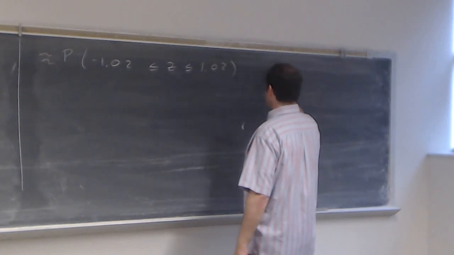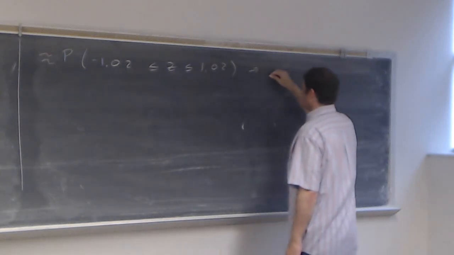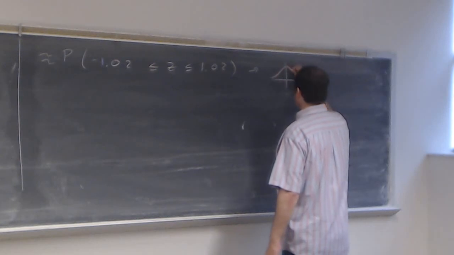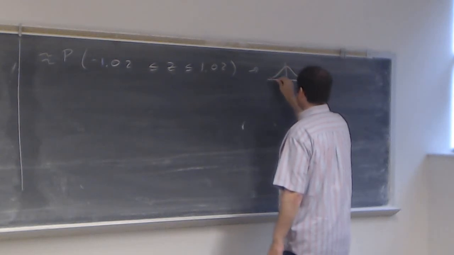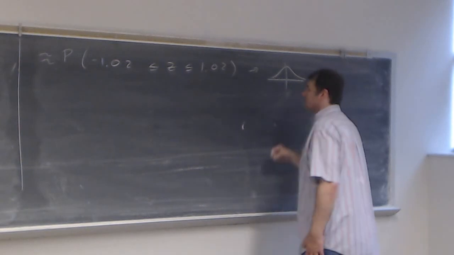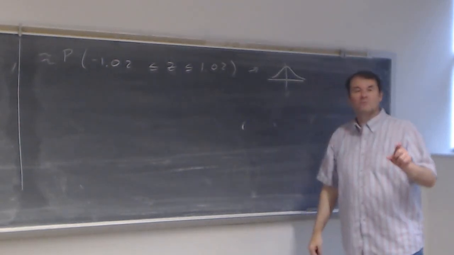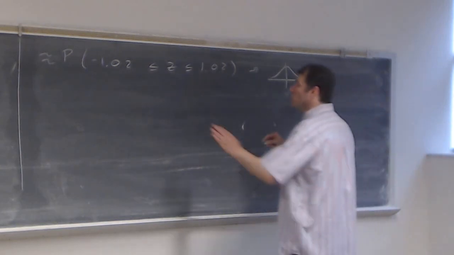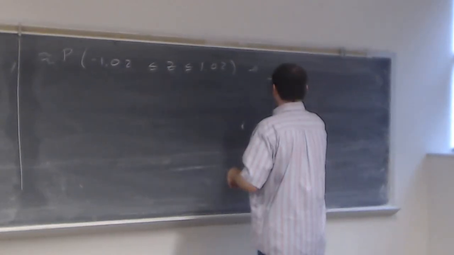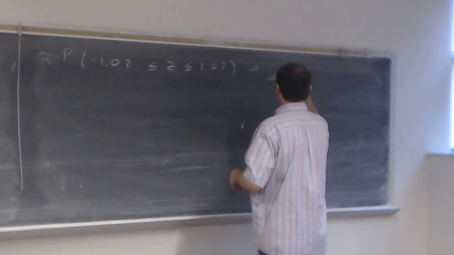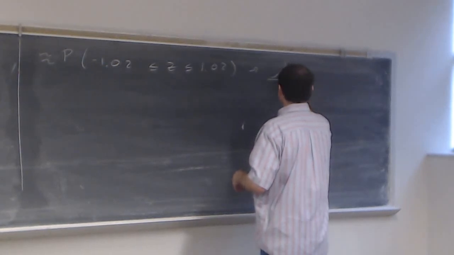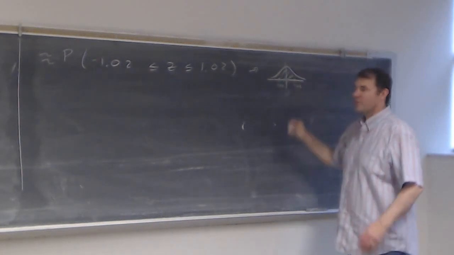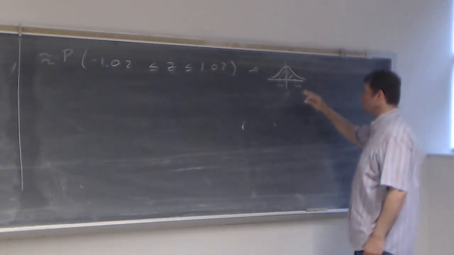So here, what is this? If I want to understand this, this is what I think of. The PDF of the standard normal is this bell-shaped curve. That's that 1 over square root of 2 pi e to the minus z squared over 2. Looks like that. If you want the region that's in between here, this is what you're looking at. What we have charts for are things less than this.